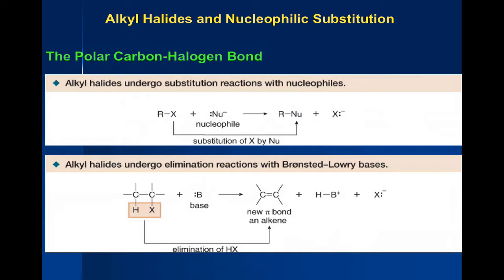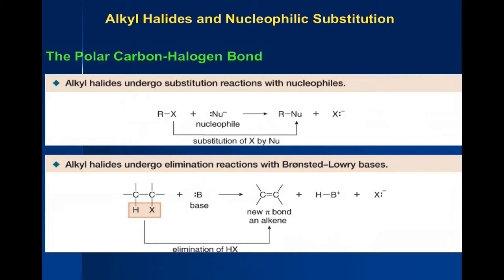And so you can also have reactions where alkyl halides will react with a base and eliminate something to give a new carbon-carbon double bond, and we'll learn about that as well. These are the two general types of reactions that alkyl halides undergo. They can undergo nucleophilic substitutions, and they can undergo elimination reactions. Okay?